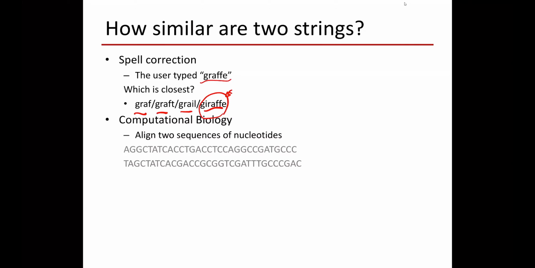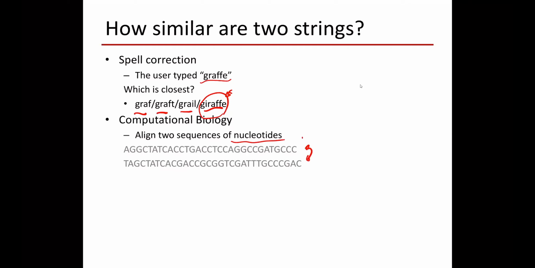Let's give another example: computational biology. Let's say these are two sequences of nucleotides. How similar are they? What's the score of similarity? Let's say you just found a crime scene and sampled some DNA, and you want to run a match against the criminal record.